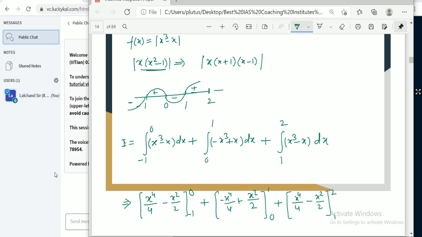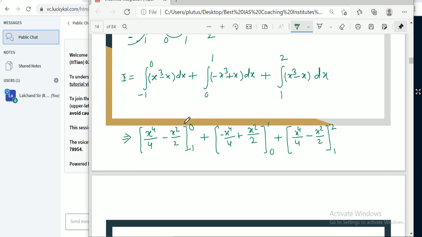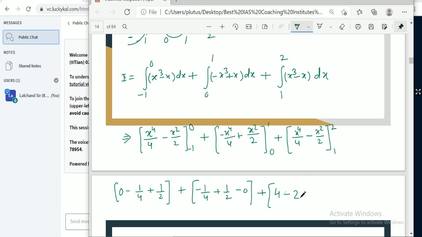Okay, so if you simplify this, if you put 0, that is 0. If you put minus 1, we have 0 minus of 1 by 4 and plus of 1 by 2. And here we have minus 1 by 4 plus 1 by 2, and this is 0. So here we have 2 to the power 4, 16 by 4, that is 4, that is minus 2, minus 1 by 4 and plus 1.